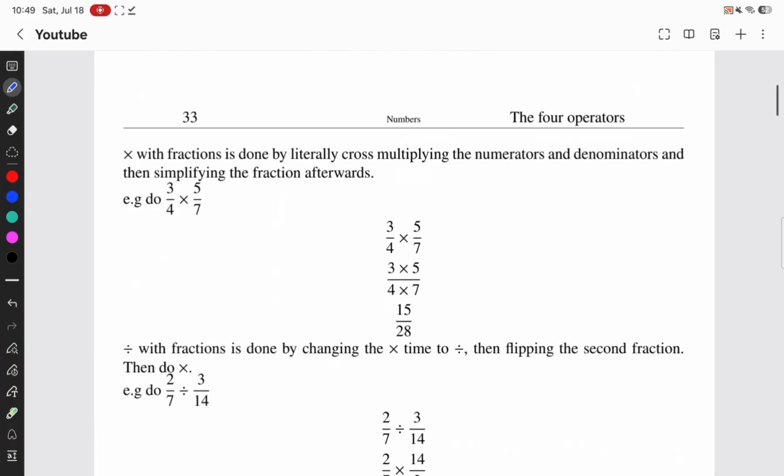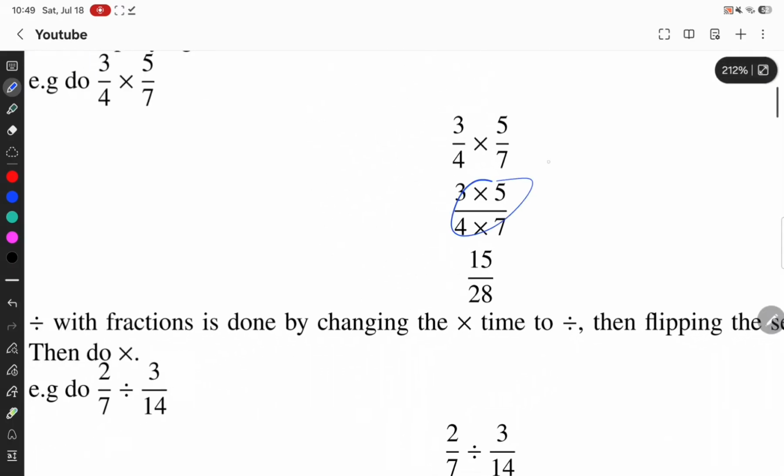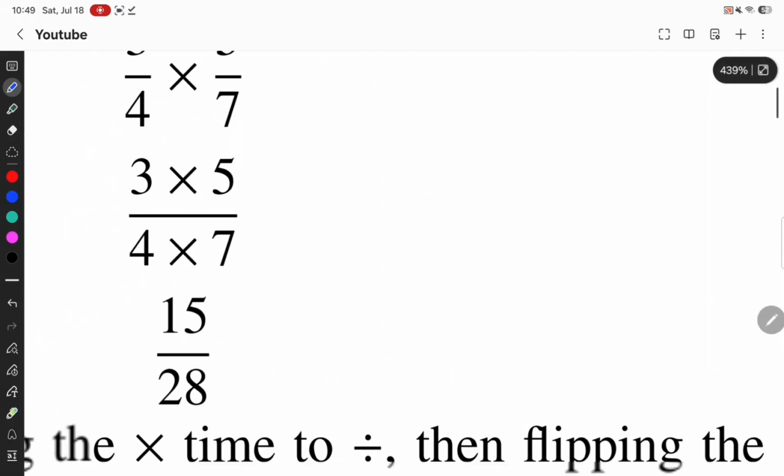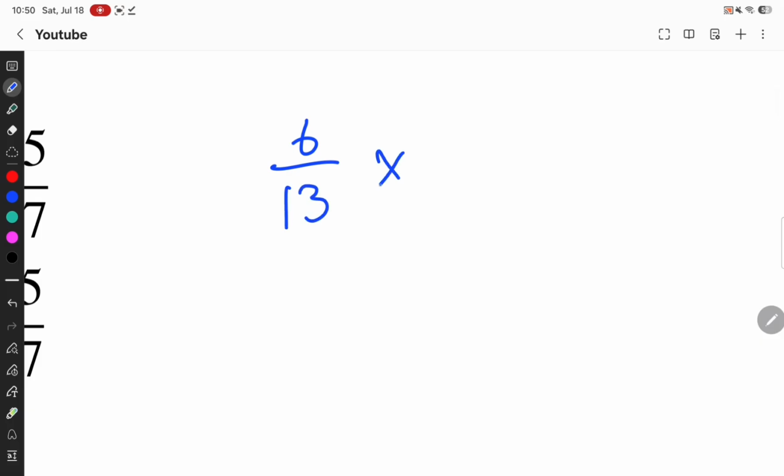Remember, multiplying with fractions is done by literally multiplying the numerators and denominators and simplifying the fraction afterwards. Here we do not need to simplify the fraction. You can just do this, for example 6 over 14, let's go with 13 times 69 over 2.